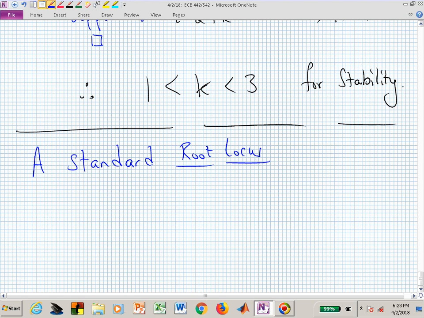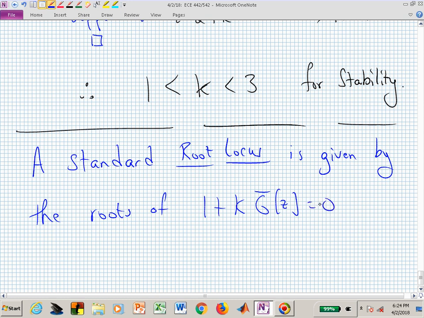So you hope that on the third exam and the final, these root loci are that easy to draw. A standard root locus is given by what? The roots of 1 plus k g bar of z equaling 0, where this g bar is this series combination or cascade of the controller structure, C of z, with the plant, G of z.